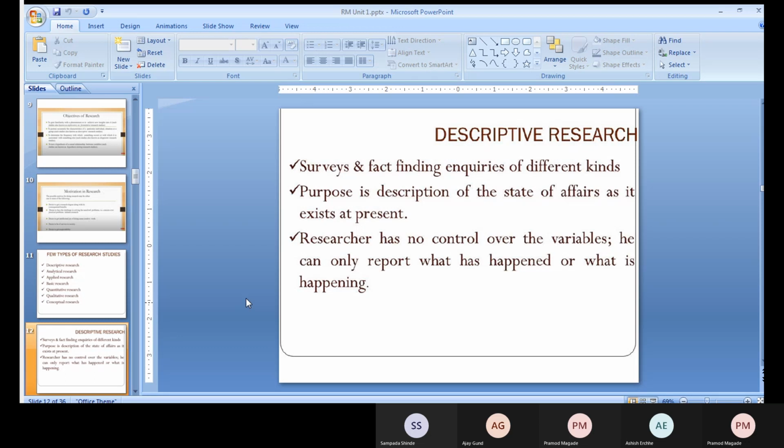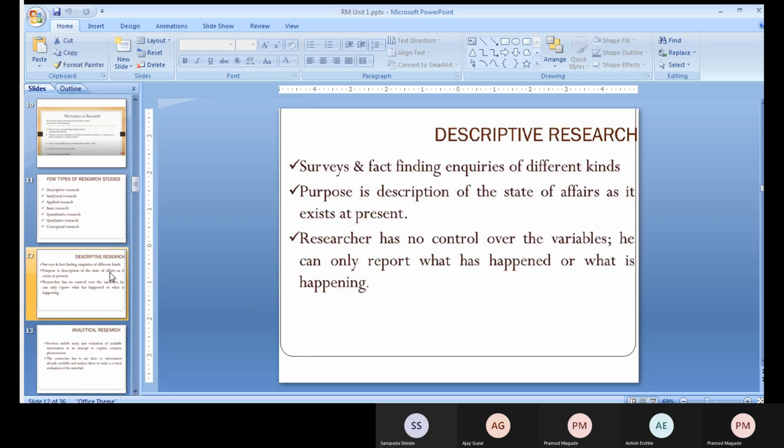I just check what kind of results we got for those thousands of variables. That's it. That we call descriptive research. No control. They can take any kind of variables, and they can publish a paper on those variables also. This is what occurs in the descriptive research point of view.